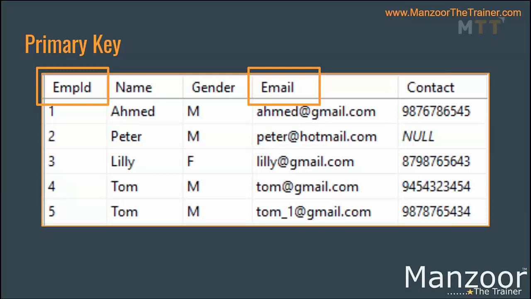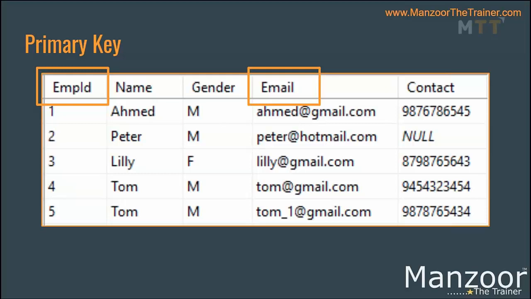But if you make a unique key, it will give better performance at the time of searching the data. At the time of reading the data, you'll have good performance if you make it a unique key. If we make it a unique key, then you cannot insert duplicate records.